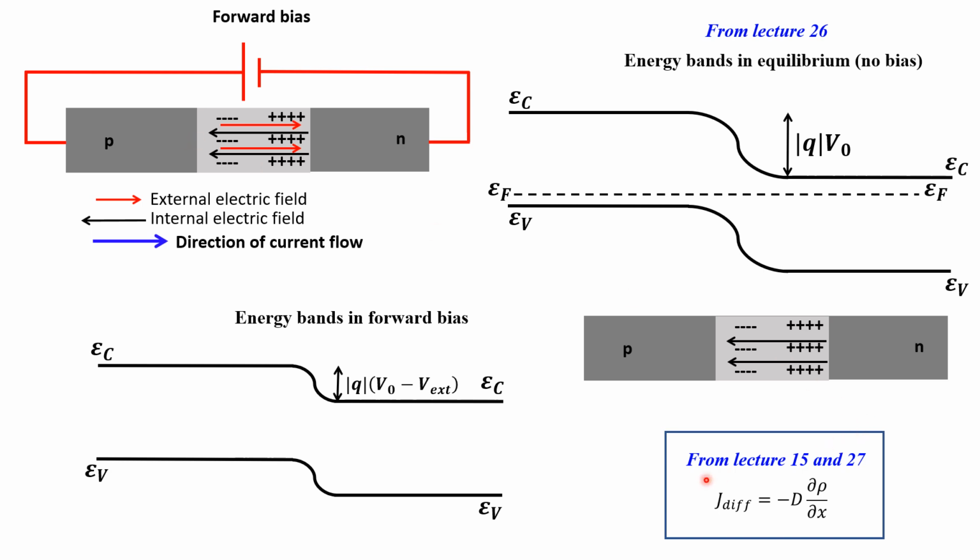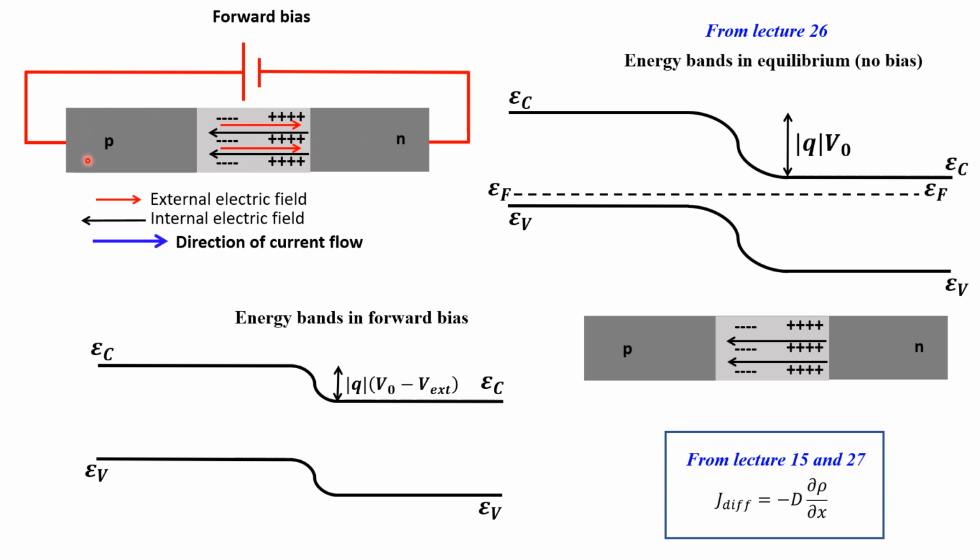Now, recall from lecture 15 and lecture 27 that the diffusion current depends on the gradient of the concentration of charge. And this gradient is very high in a PN junction, because in a PN junction we have a high concentration of electrons on the N side and a very low concentration of electrons in the P side. So the gradient is high.